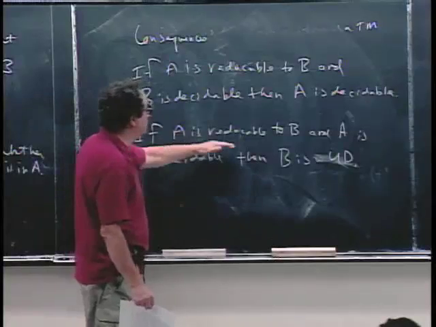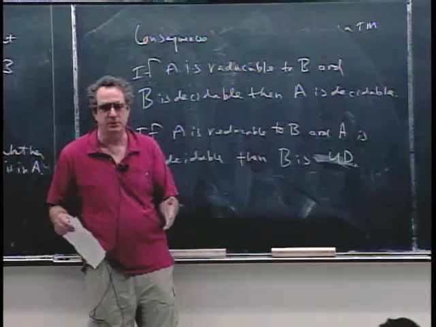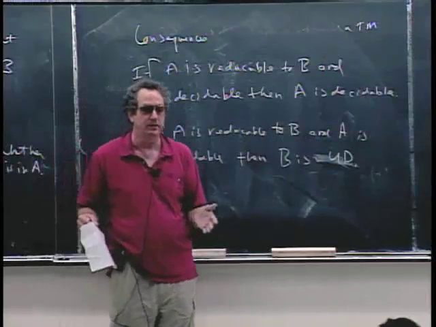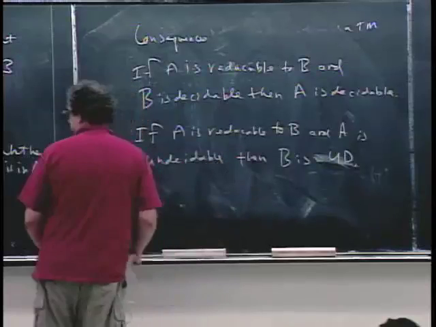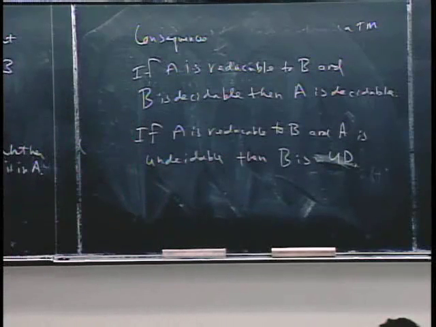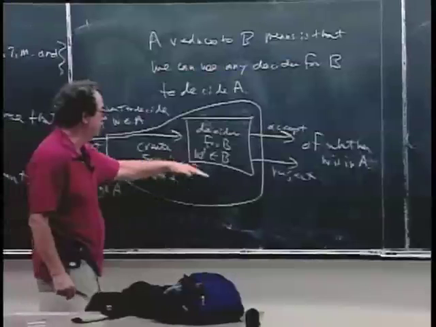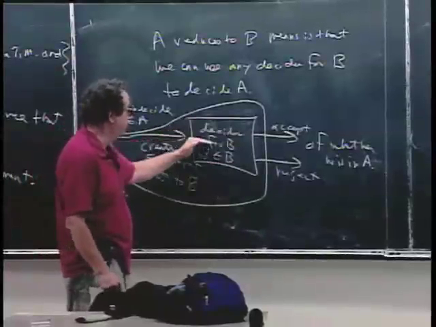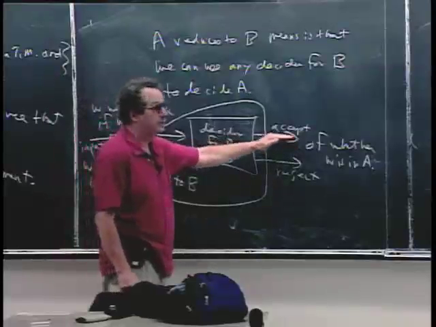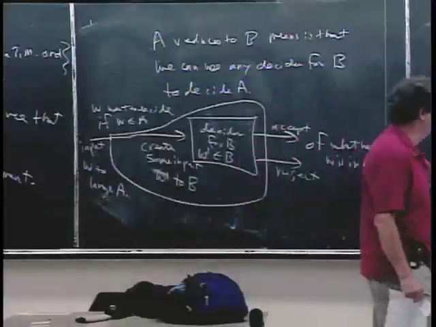So yeah, if A is reducible to B, if we know that A is undecidable, there's no possible Turing machine that can decide A. And yet we have this mechanism that can convert any instance W of the question of whether or not W is in language A. We have a way of reducing that to language B, which means that a decider for B could be used to decide A. But A is undecidable.